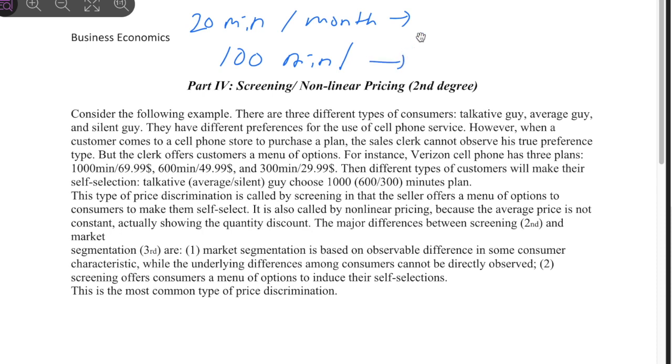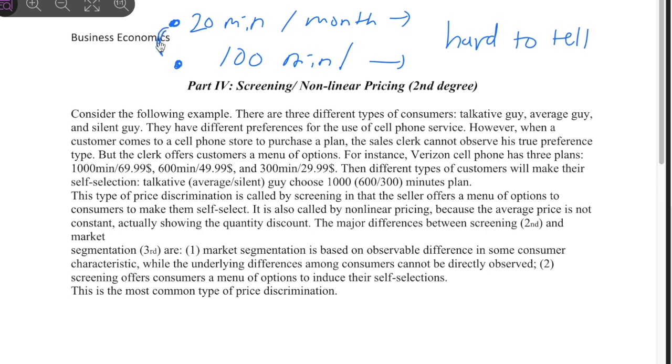So it changes, and this is hard to tell from an outside person, the third party, right? However, the person knows. I know I use only 20 minutes, and I'm going to use 100 minutes when it goes back, right?